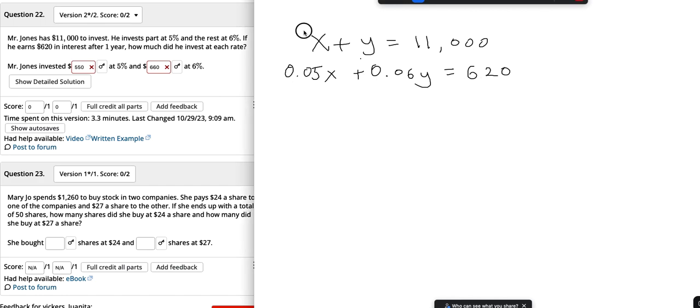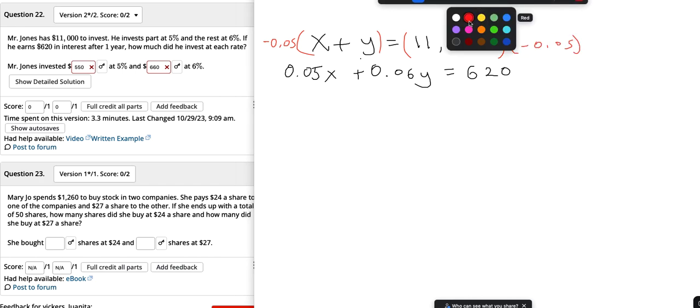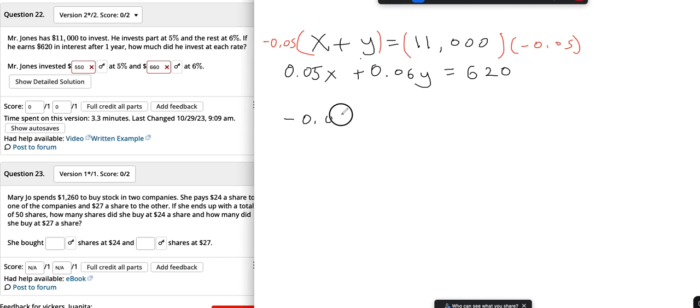But for this one we have percentages, so the way I always do these is I take the smaller number, which in this case is the 5%, make it negative, and multiply both sides by that. So down here that's going to make negative 0.05x minus 0.05y equals 1100 times negative 0.05, which is negative 550.